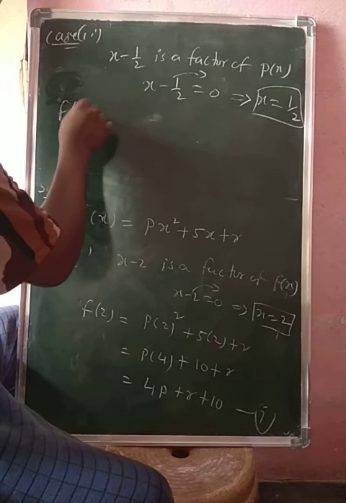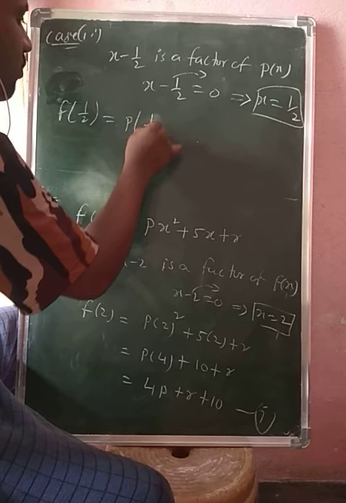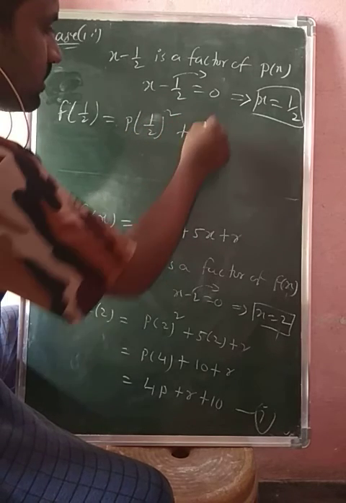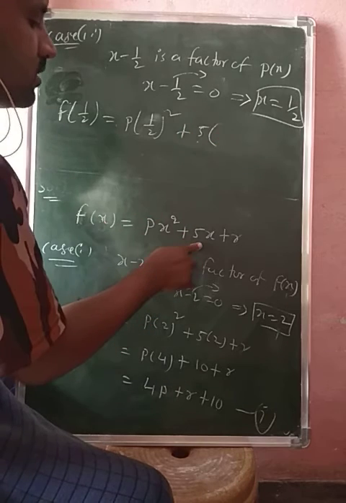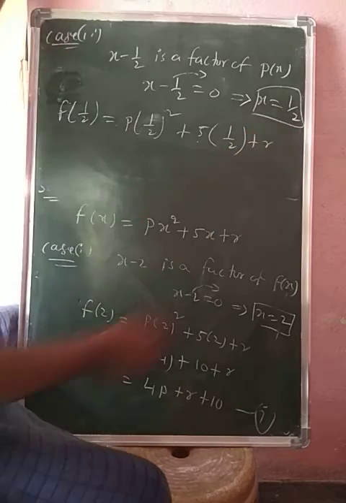So f of 1 by 2 is equal to p of 1 by 2 whole square plus 5 of x, that means 5 of 1 by 2, plus r.